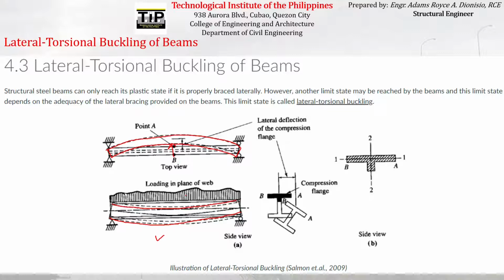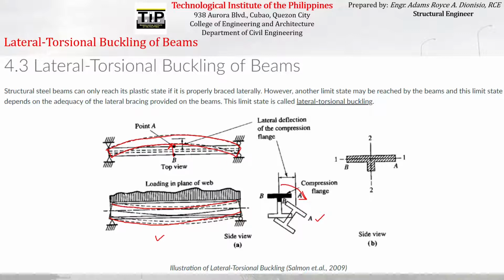In addition to that, the beam also experiences torsional buckling, which is this. Originally, this is the position of the beam, and since it experienced torsional buckling like this, the section rotated from this position to a deflected position.